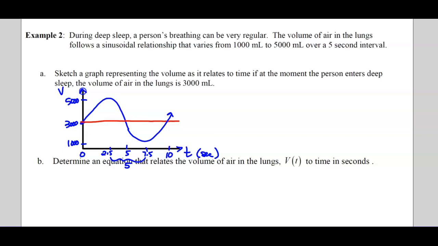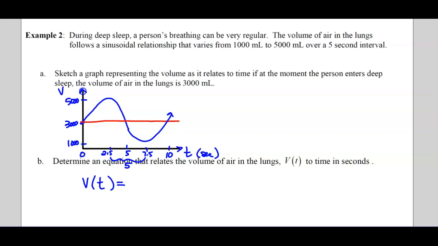So that's a sketch. It says determine the equation that relates the volume, V of t, time in seconds. So this is from the midline and the vertical axis going up and to the right. So a sine graph is going to be the easiest to use.